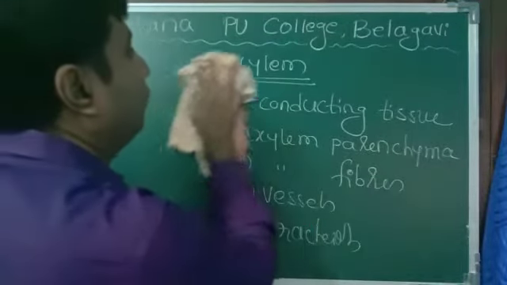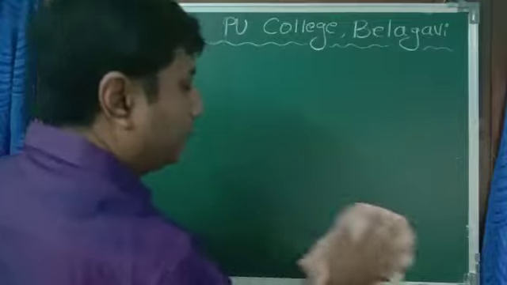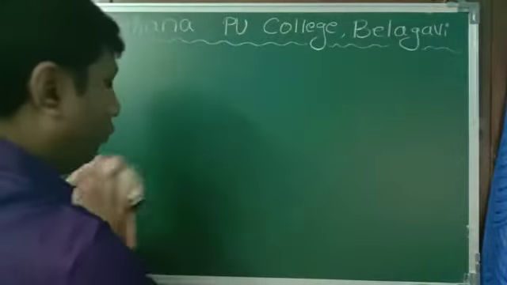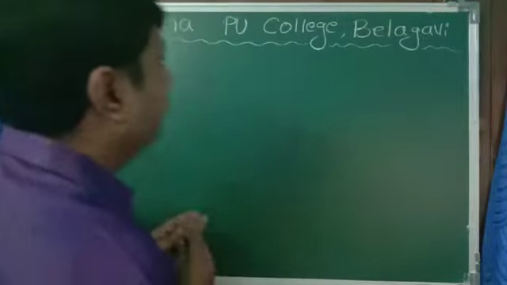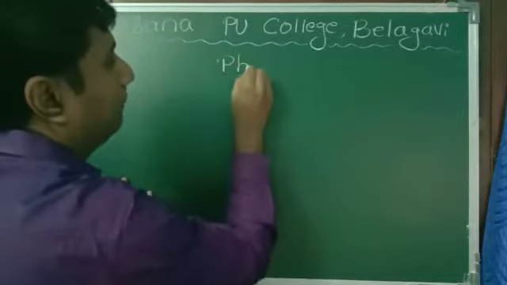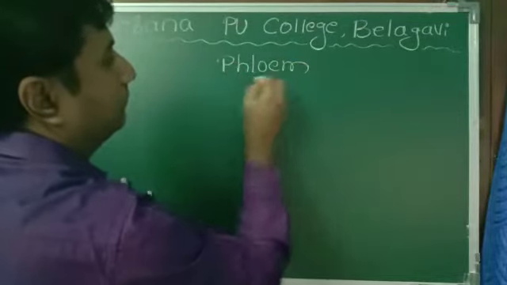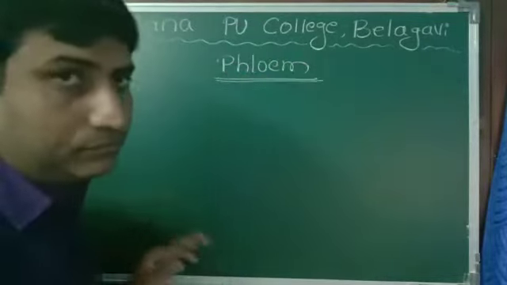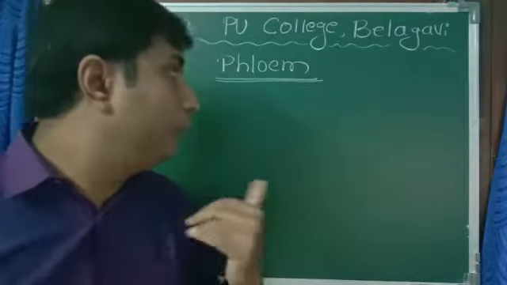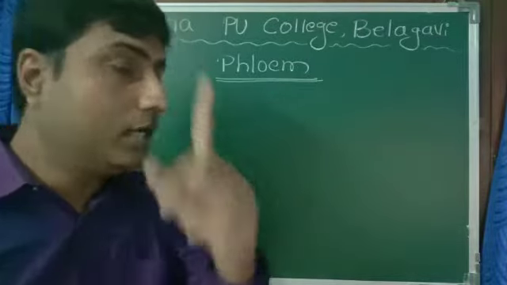Then we will move on to the next tissue, that is phloem. What do we know about phloem? Phloem is food conducting tissue.